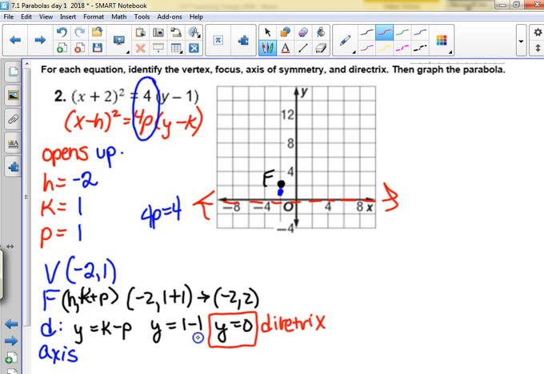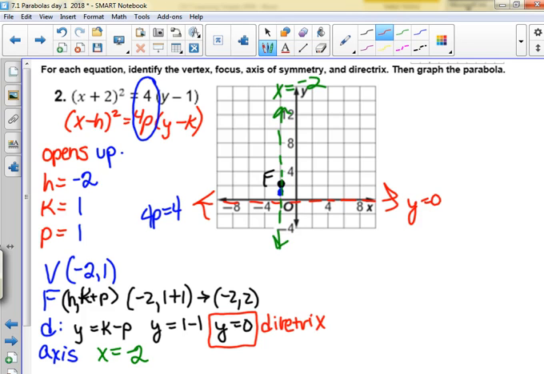It's a line, not a point. It's got to be a y equals or x equals, depending which way it's going, okay? And the axis of symmetry, it says, is just x equals h. So what's h? Negative 2. So there's our symmetry right here. x equals negative 2. y equals 0.